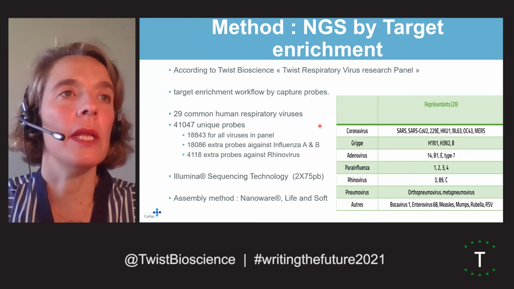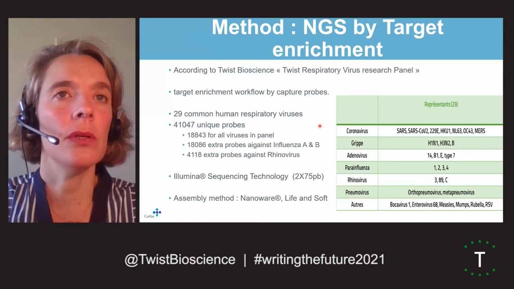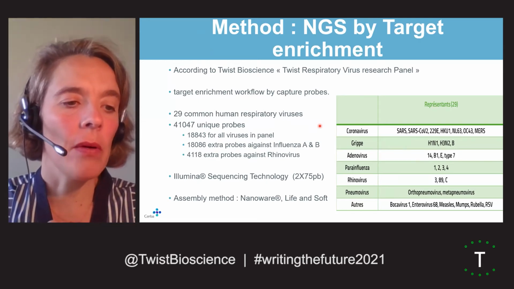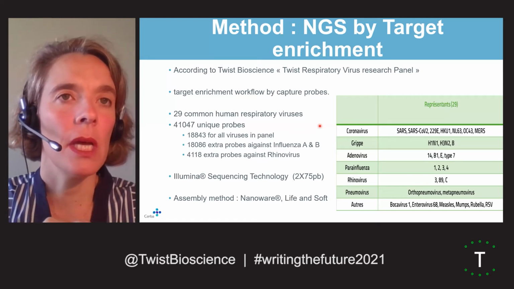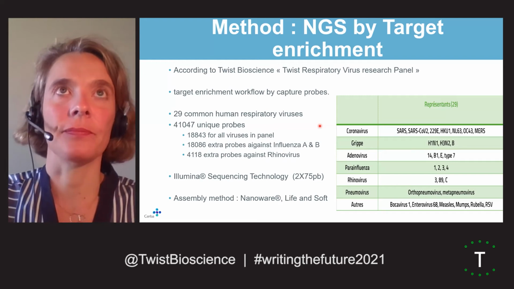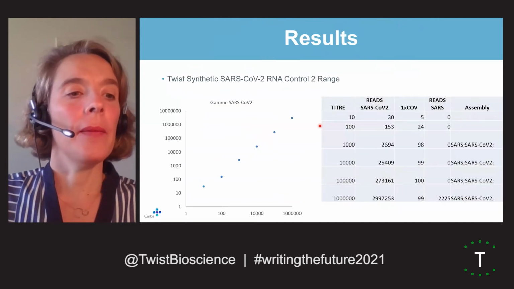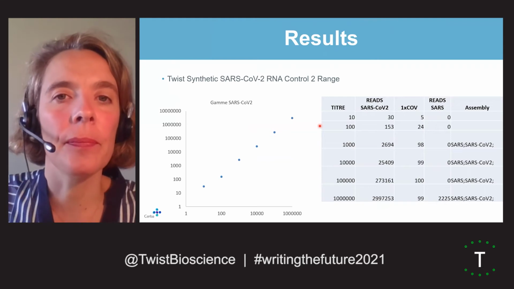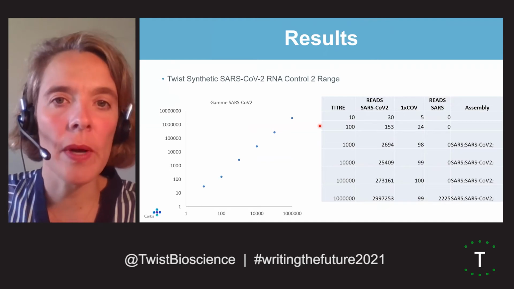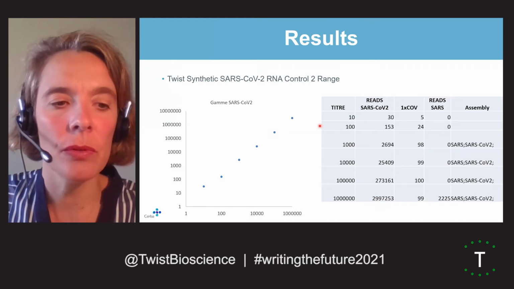We use the Illumina sequencing technology, and our IT solution for the assembly methods is Nanoware software by Life&Soft. After a few optimization points, we will talk about them in the Q&A session if you want to.